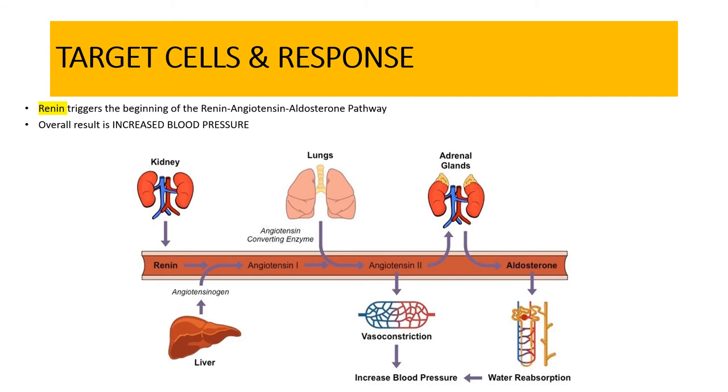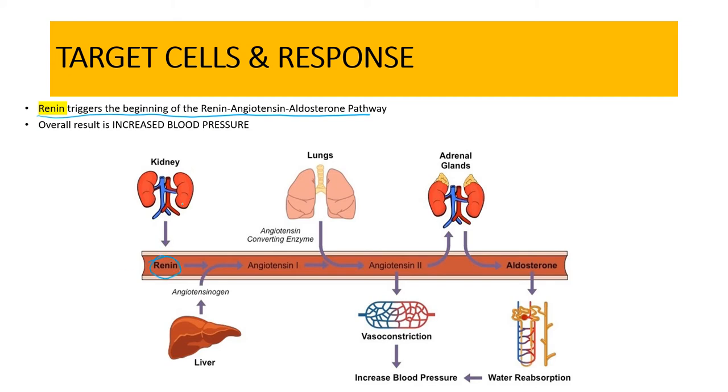Now that we've got renin in the blood, renin triggers the beginning of what's called the renin-angiotensin-aldosterone pathway. So once renin is present, this triggers a pathway of events that occur. So we're going to start with, we got renin here.